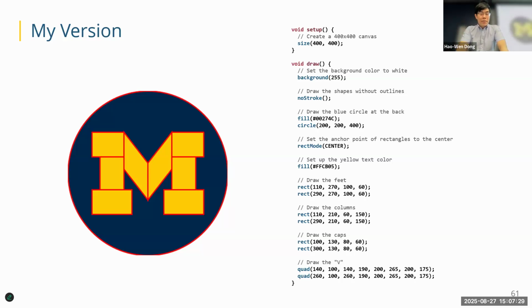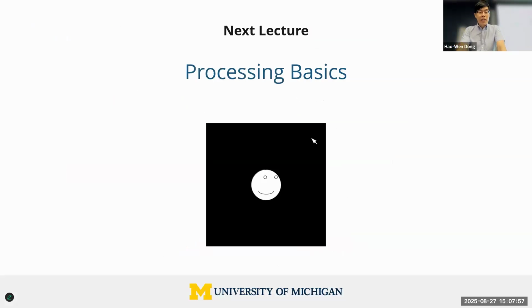We likely won't do it now, but you can look at this code. It's very messy because you have to calculate where the XY positions are. This is likely not the best way to do it, but even with simple shapes, you can already do that. Just a bunch of circles, rectangles, and two quads, then you can do this block M shape.